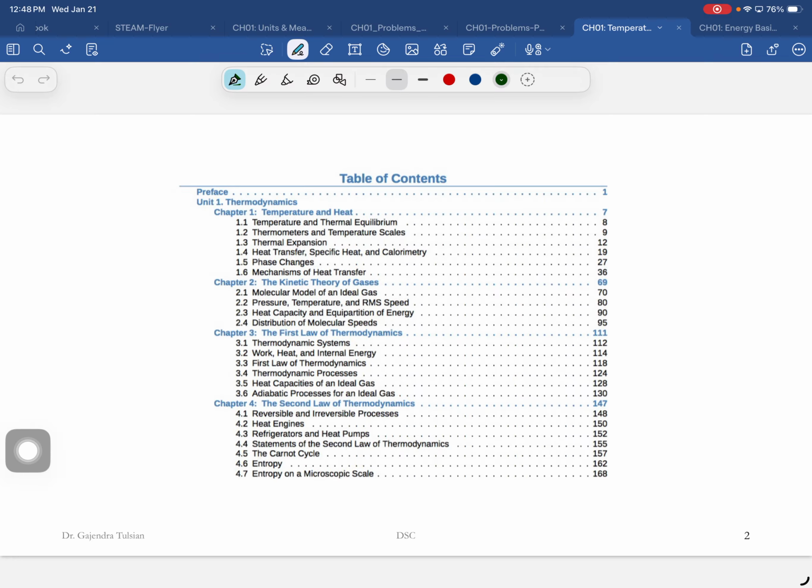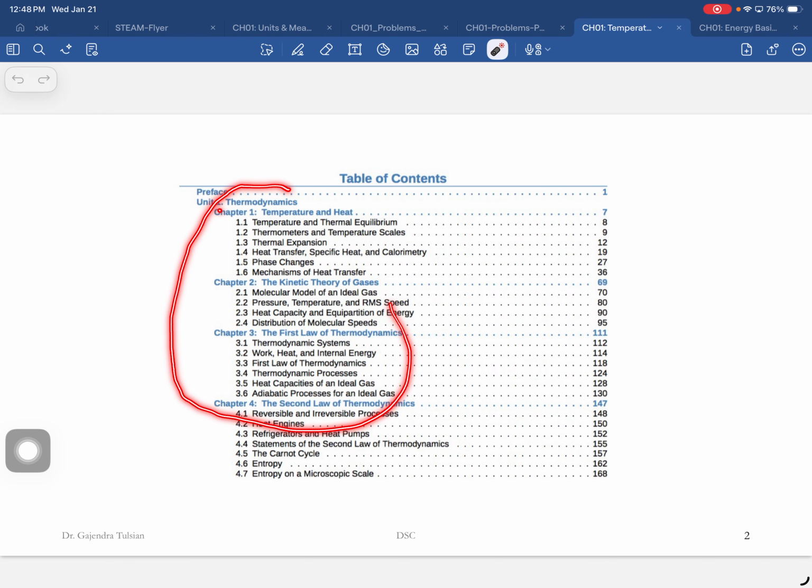All right. So the first 4 chapters in this course form the subject of thermodynamics. Okay. In the first chapter, we'll define temperature and heat. Then in the second chapter, we'll talk about kinetic theory of gases. I showed you a model of the gases. So one of the big results will be to relate the average kinetic energy to the temperature of the gas.